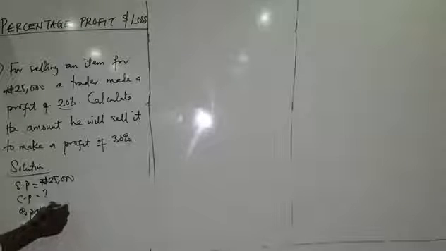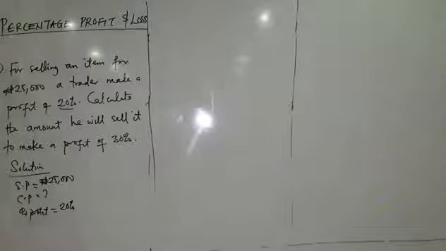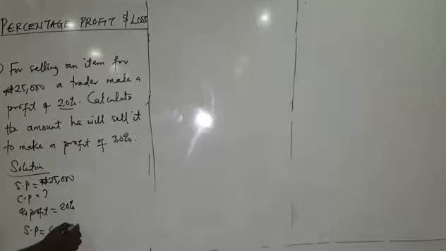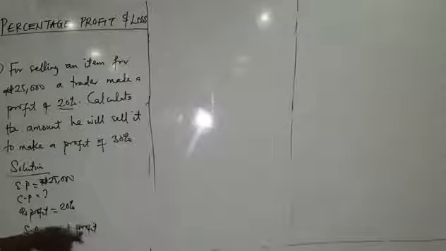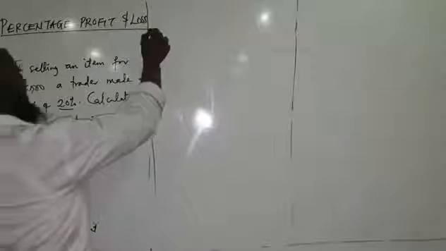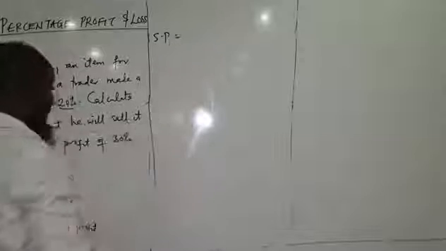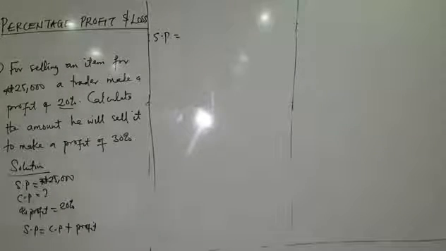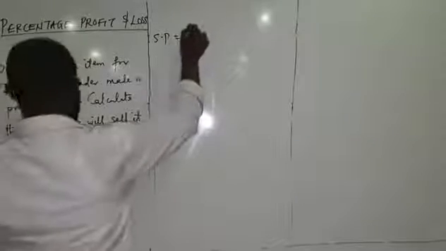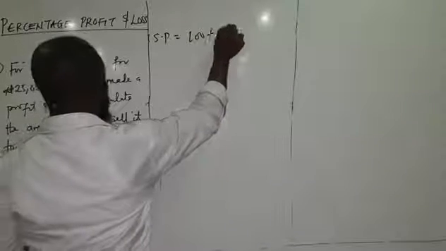here is 20%. Now the selling price here, as I analyzed earlier on, is cost price plus profit. Now in percentage, selling price will then be 100 plus 20.